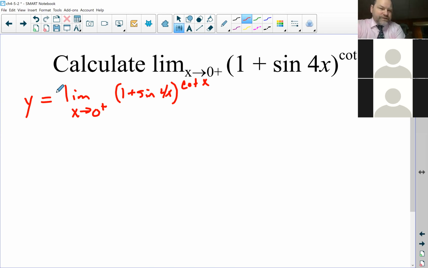If I plug 0 in, sine at 4 times 0, which is the same as sine at 0, is 0 plus 1.